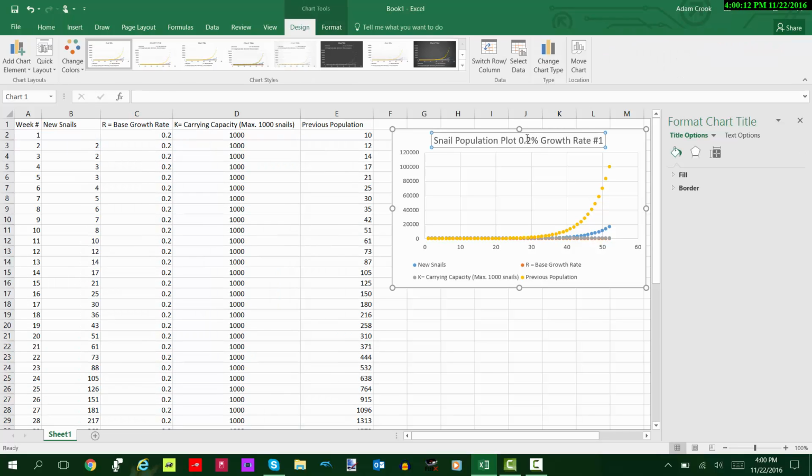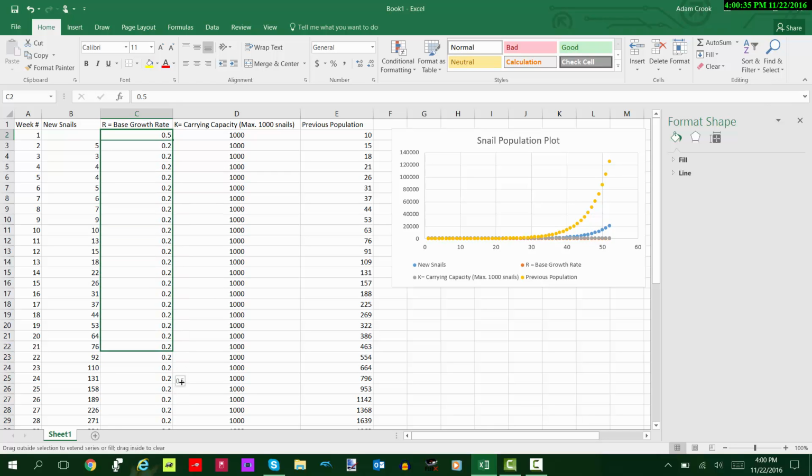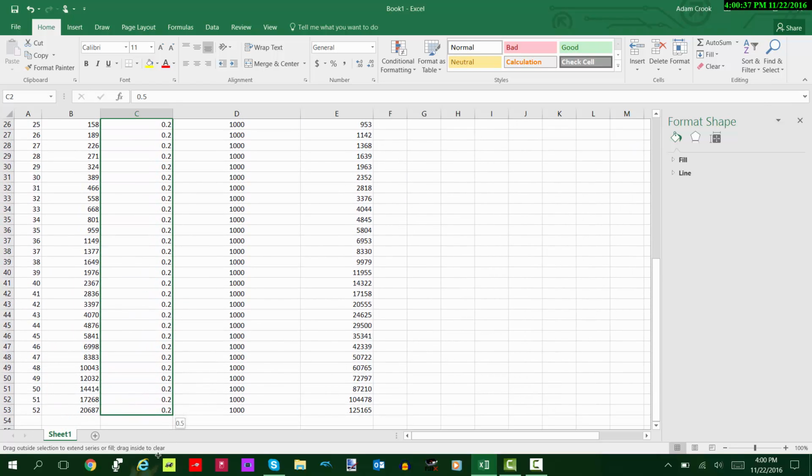All right, then we'll just get rid of this, and everything after growth. It'll revert back. So 0.5, and this is for all weeks. All weeks. All right, doing it right now.